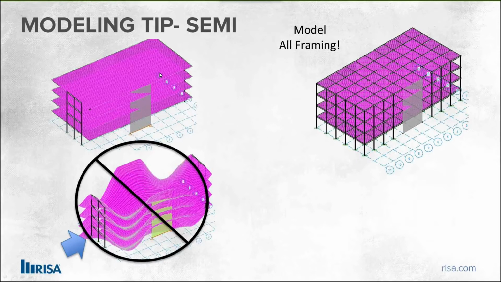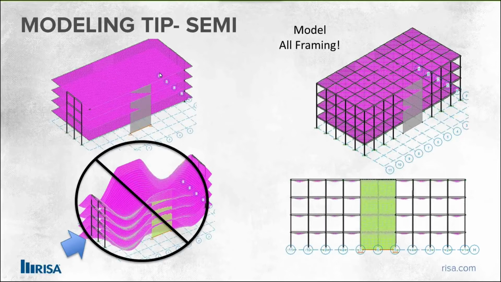But you do need to model the vertical resisting system as well, not just the lateral resisting system, in order to get a model that looks a little more like this as we apply the loads. Now we can see that there's some deflection, but at least it'll hold itself up. And then as we apply those lateral loads, it starts to distribute more accurately.